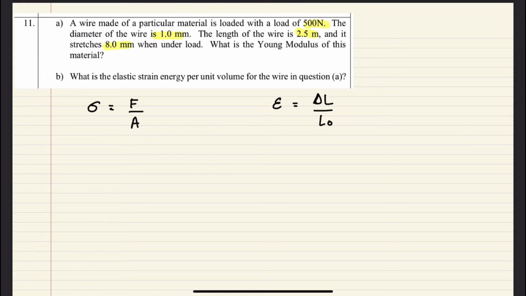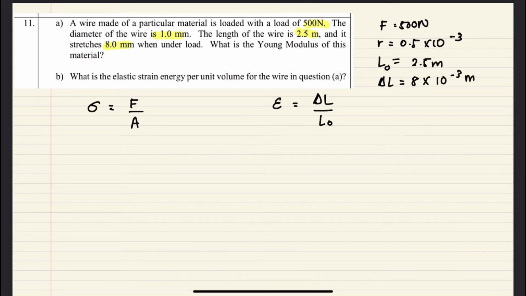So stress is force per unit area. Strain is delta L over L naught. It says here that the load force is 500 Newton. The diameter of the wire is 1 mm, so R is equal to 0.5 mm. L naught is 2.5 meter. Delta L is 8 mm. I substitute everything inside here.